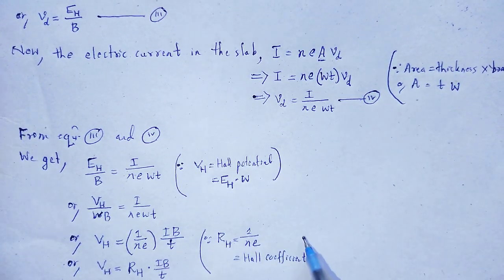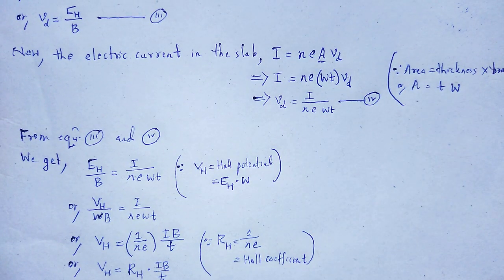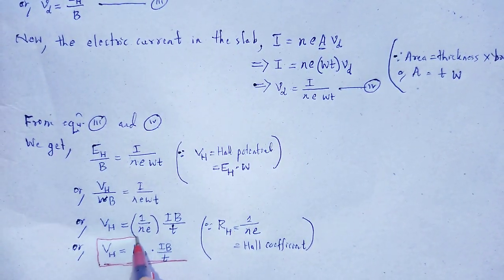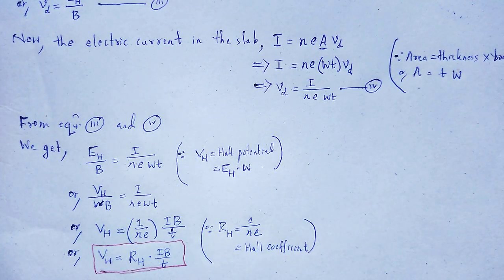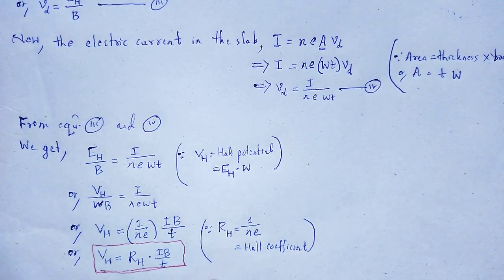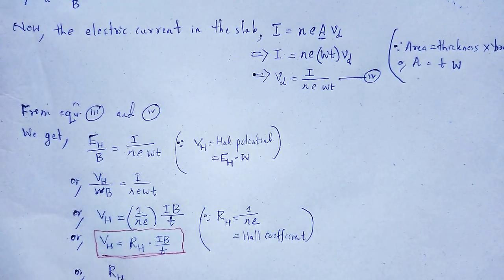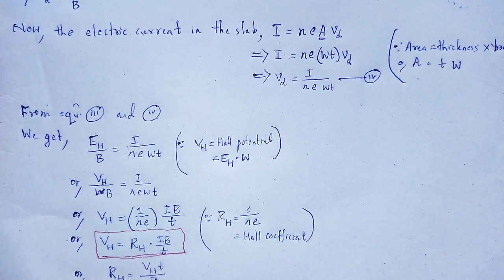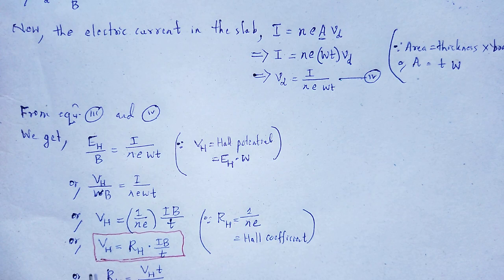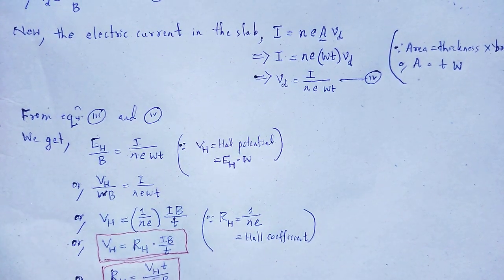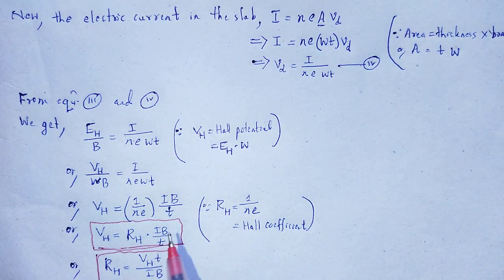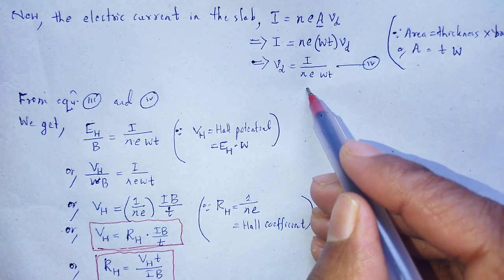That will be the expression for the Hall potential. Or the Hall coefficient R_H is equal to V_H into T divided by I into B, with V_H the Hall potential and R_H the Hall coefficient.